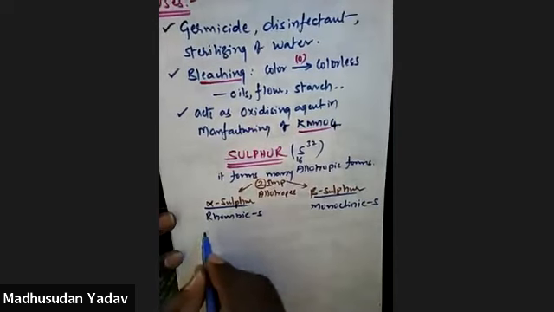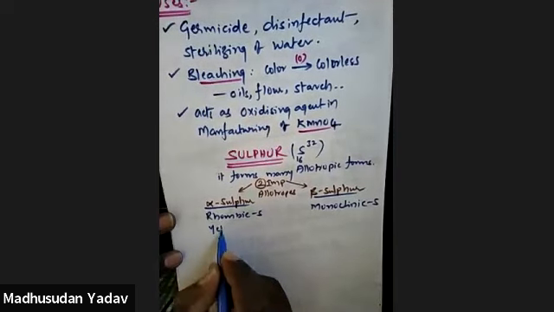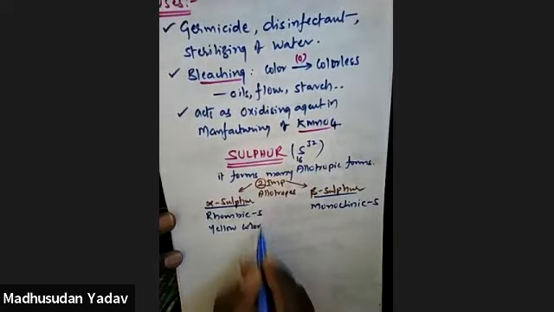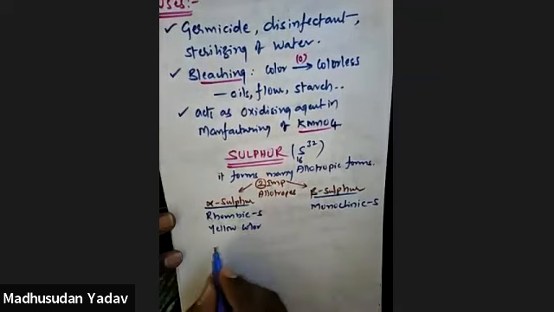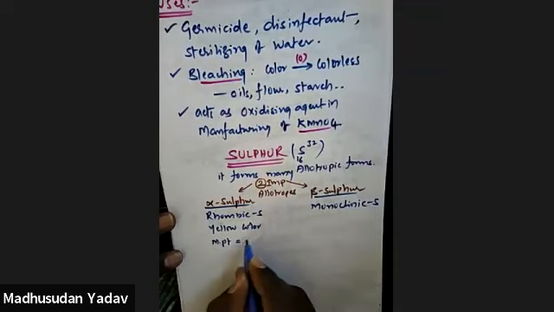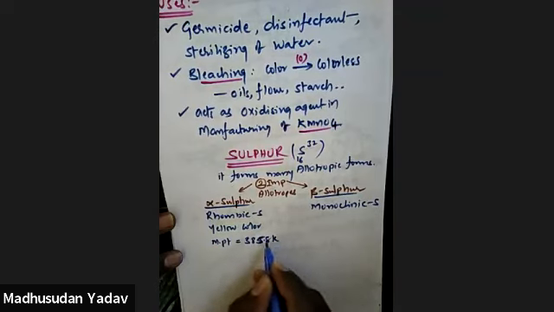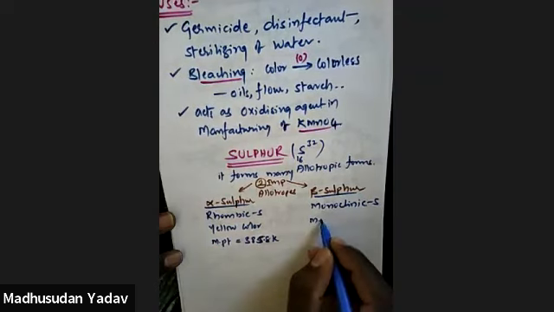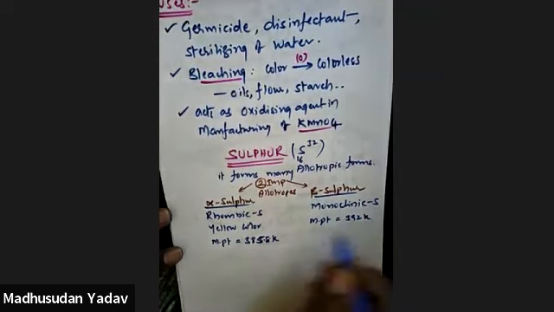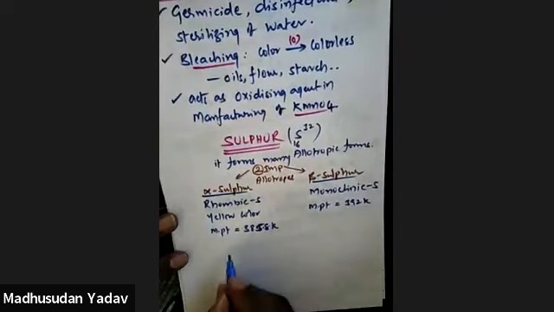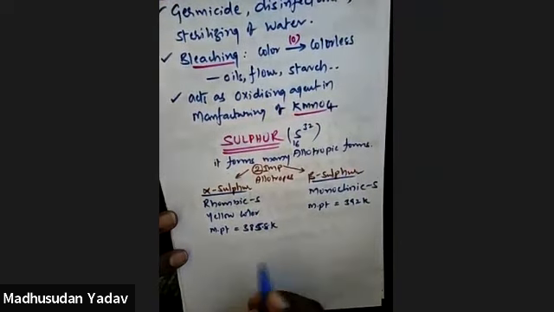Alpha sulfur has a yellow color, and beta sulfur is colorless. The melting point of alpha sulfur is 385.8 kelvins, and the melting point of beta sulfur is 392 kelvins.